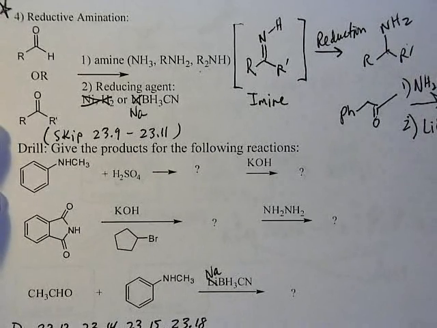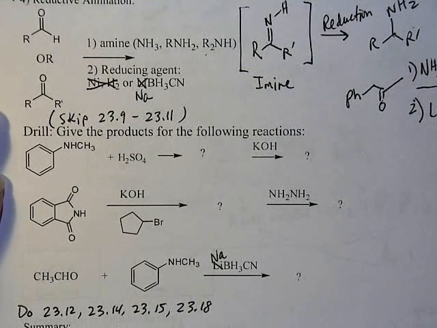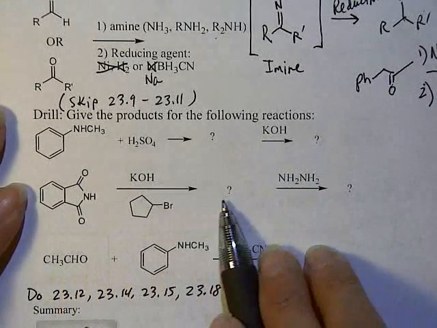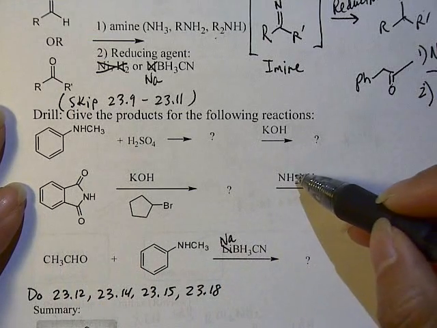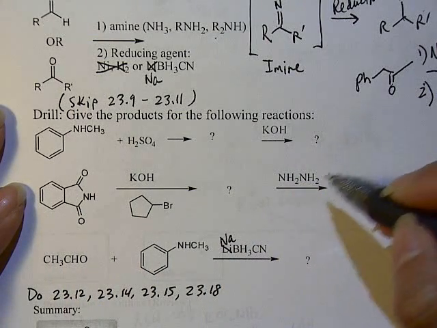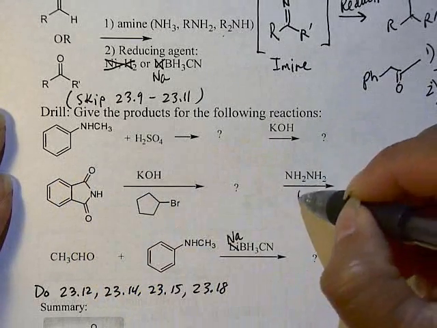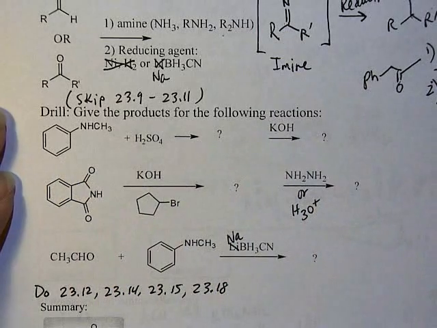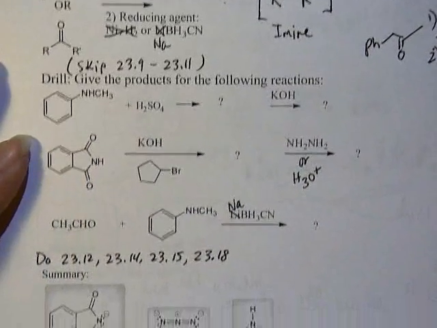Oh, and the other thing that your book has is when you're doing the phthalimide reaction, the hydrazine is one way to release the protecting group, or you could just use a regular hydrolysis reaction in order to release the protecting group.